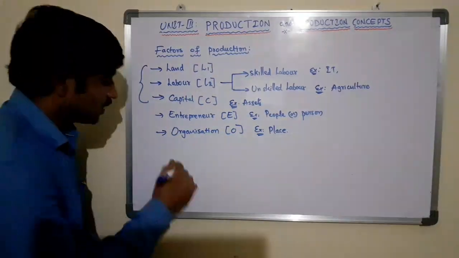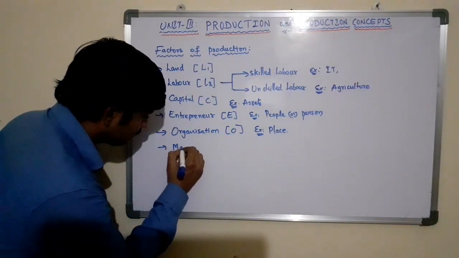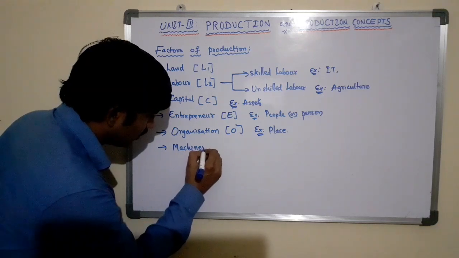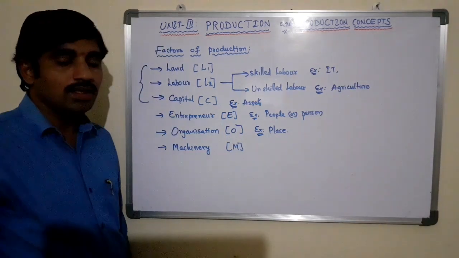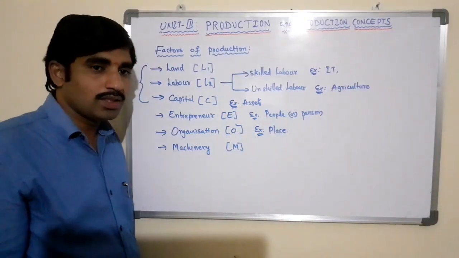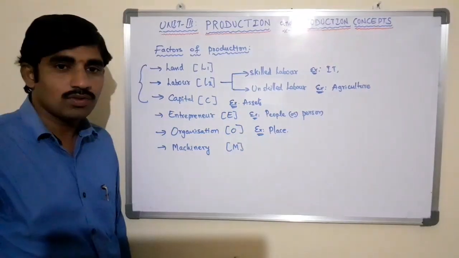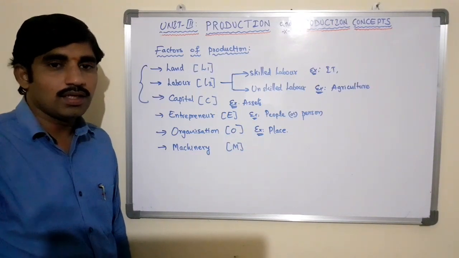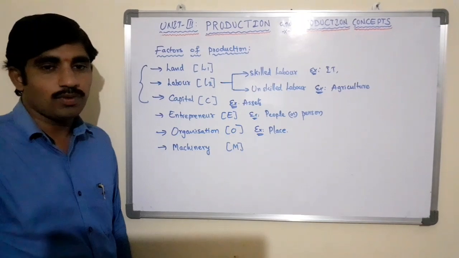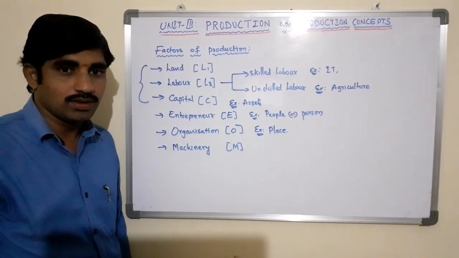The next one is machinery, denoted by M. Machinery is also one of the important inputs which can be used to process in order to produce the finished product or the final output.